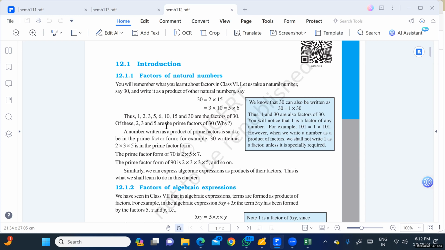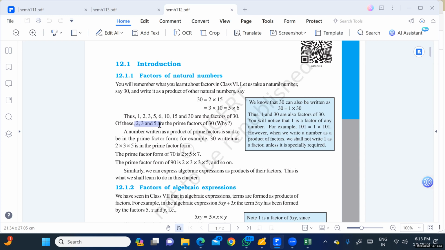Of these, 2, 3, 5 are the prime factors of 30. Now I hope Utkarsh, you know the meaning of prime numbers. What are prime numbers? Utkarsh, what are prime numbers? Sir, a prime number is a natural number greater than 1.